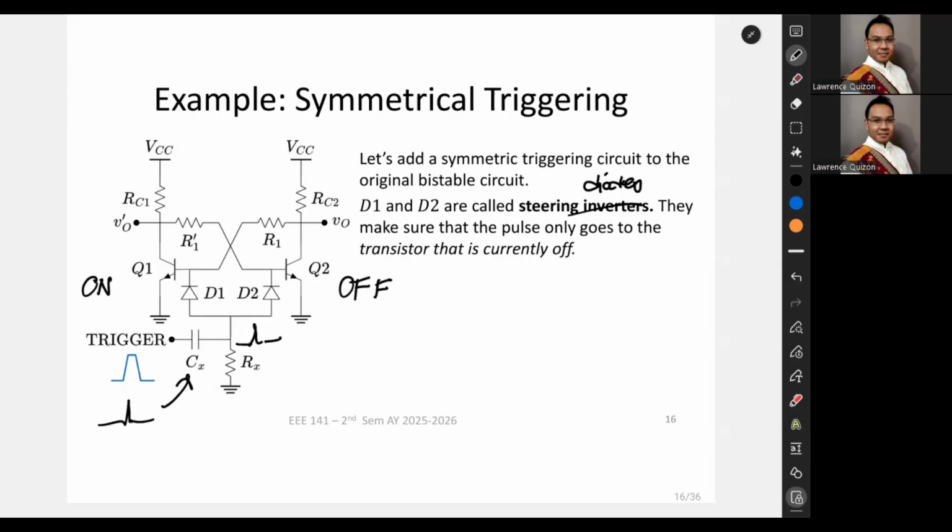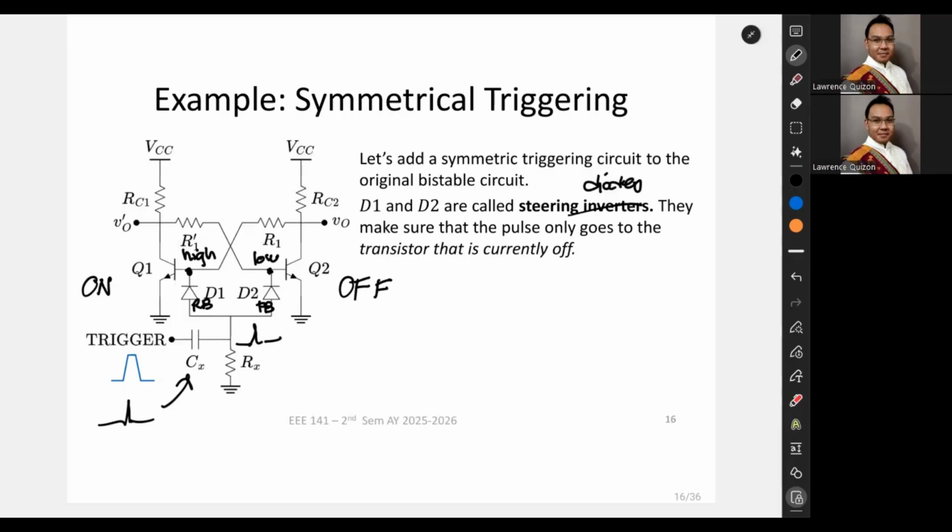This has a high voltage, and this one has a low voltage, because it's off, and then that one is on. So where will the pulse go? Well, the pulse will try to go to the lower voltage because this one is closer to forward bias. This is heavily reverse biased. This is forward biased.